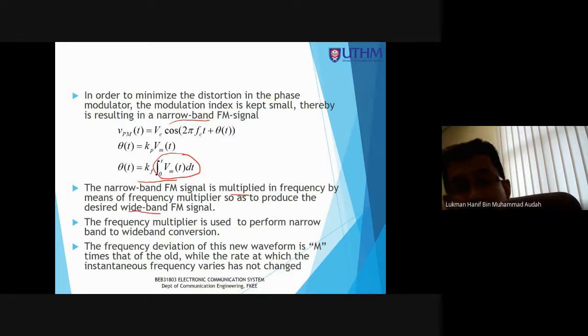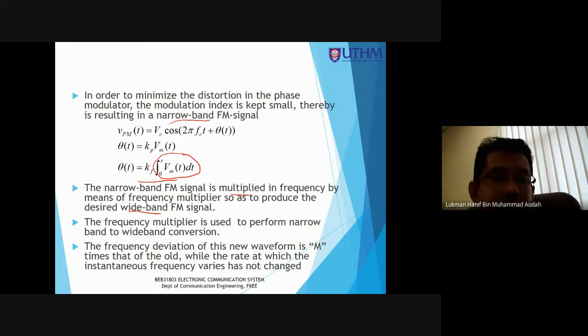Bermakna proses indirect FM ini menghasilkan narrowband FM. Kalau kita nak menjadikan dia wideband FM, kita perlu masukkan ke dalam frekuensi multiplier. Nanti ada contohnya. So the frequency multiplier is used to convert narrowband to wideband FM.